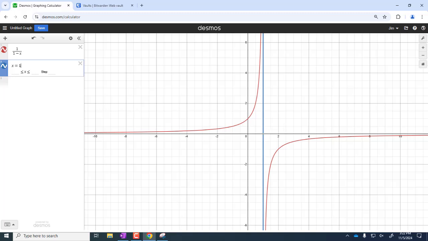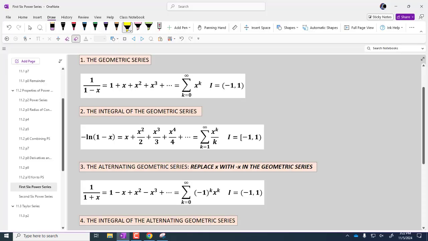Our radius of convergence is 1. The interval is going to go from -1 to 1, 2 units wide. So it knows that this asymptote is 1 unit away from the center, which it's not going to allow it to get any closer over on this side. The interval is going to stop 1 unit in the other direction also. All right, so just keep that in your mind. So we've got that interval for 1 over 1 minus x.